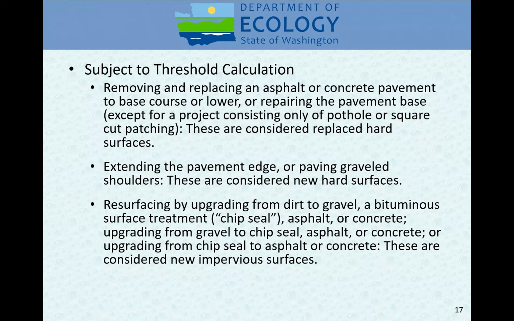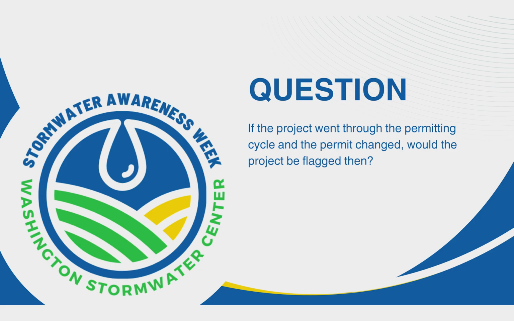And if the existing stormwater controls for that new impervious surface are adequate, then you don't have to do anything else. You can use the existing stormwater controls that you've already built for the gravel roadway to deal with the new asphalt.